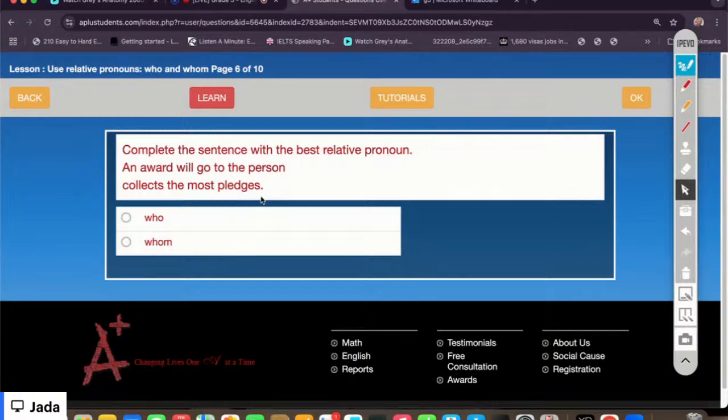An award will go to the person dash collects the most pledges. So what is the right one here? Who or whom?